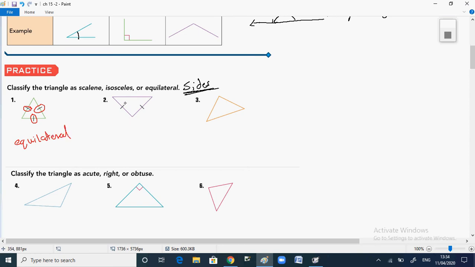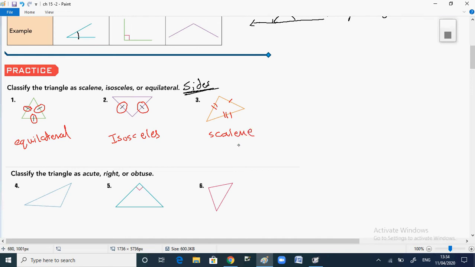The second one, I have two sides equal, based on the identical sign here, it's called isosceles. Excellent. And this one, I can't see any identical sign. Maybe they are different, this not equal to this, not equal to this. So this is called scalene.